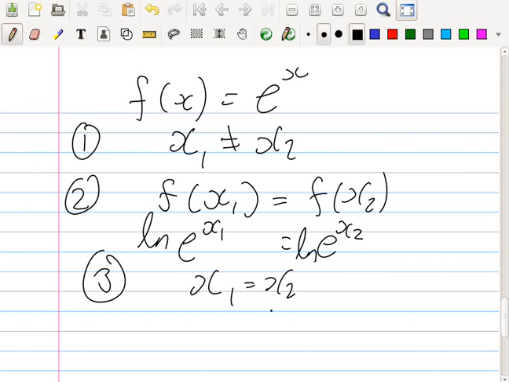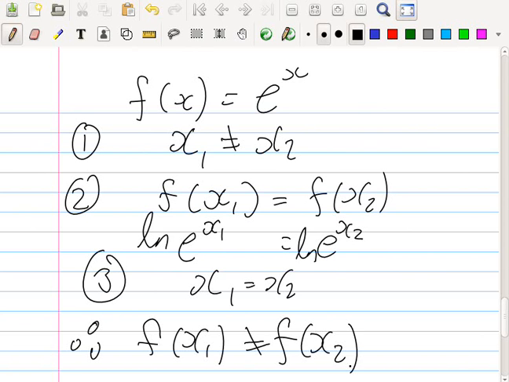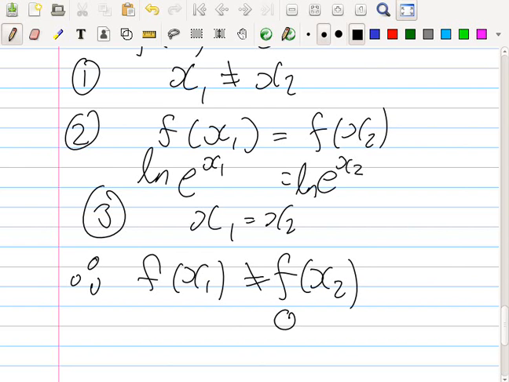Why not? Because it contradicts the statement at the start. So that means 3 cannot be true, which means, of course, 2 cannot be true. So we have, therefore, f(x1) can never repeat itself. It can never be the same value. And this makes it one-to-one.